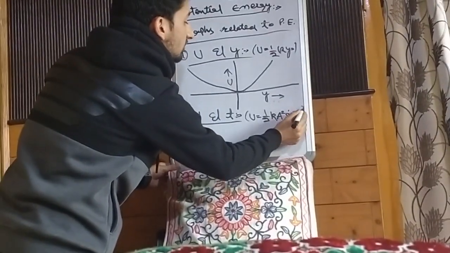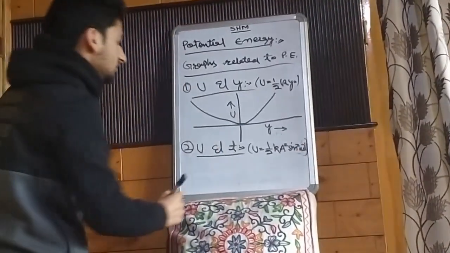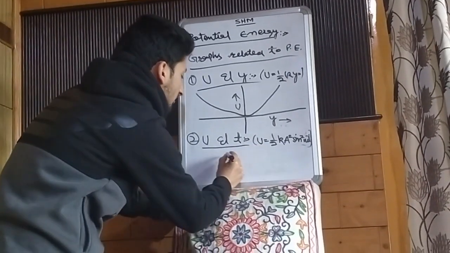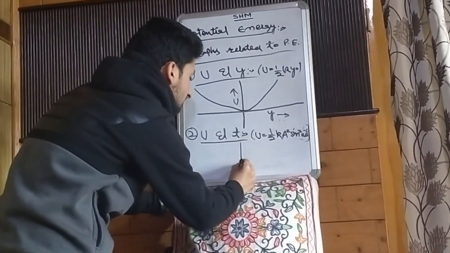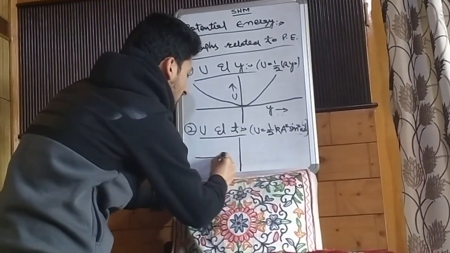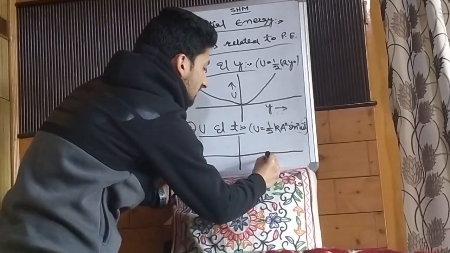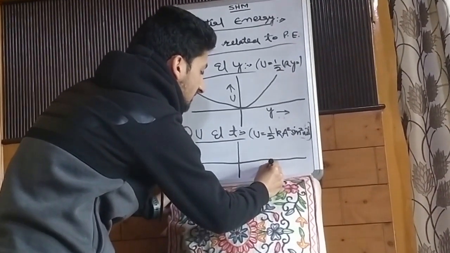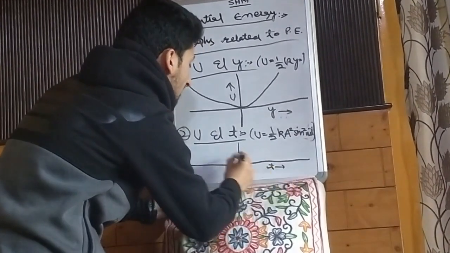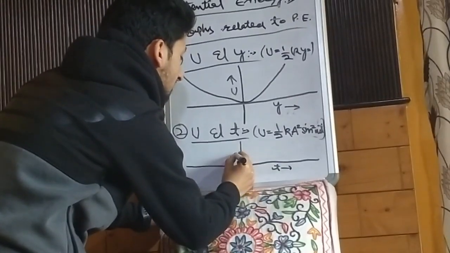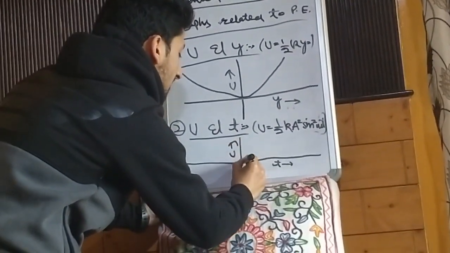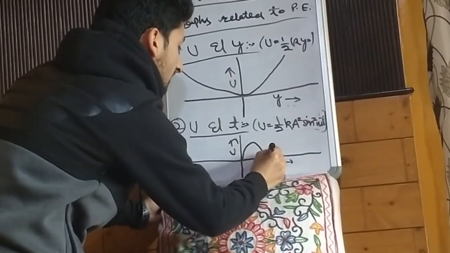This is the value of potential energy in terms of harmonic functions. So when we try to plot the graph, it will come out to be like this. Here the x-axis represents the time and the y-axis represents the potential energy, and this will be the graph.